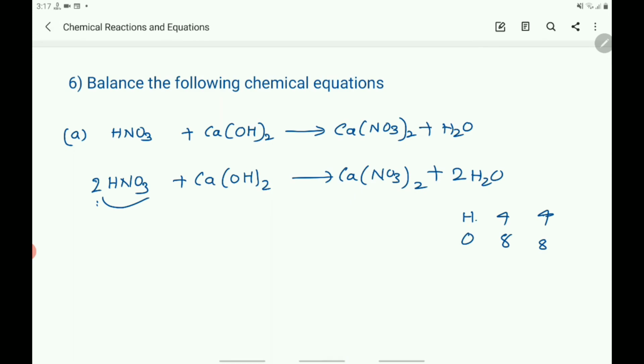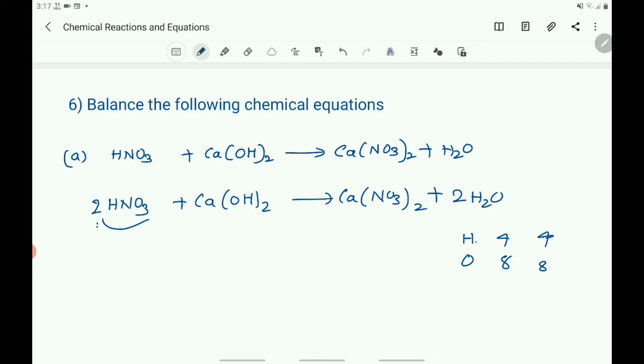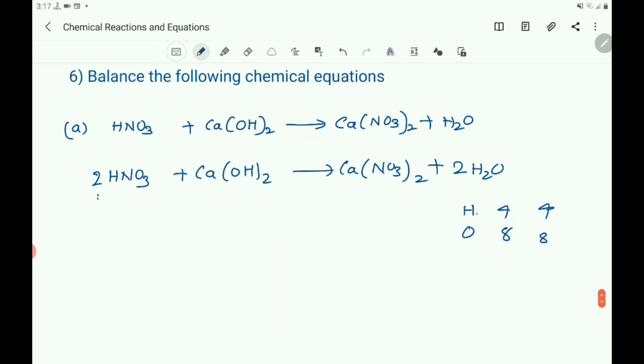Next, calcium 1 you got, and nitrogen 2 you got. So all are balanced.